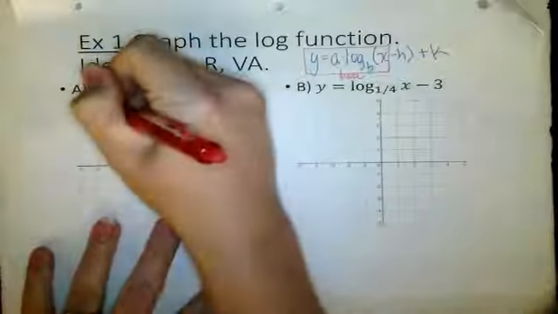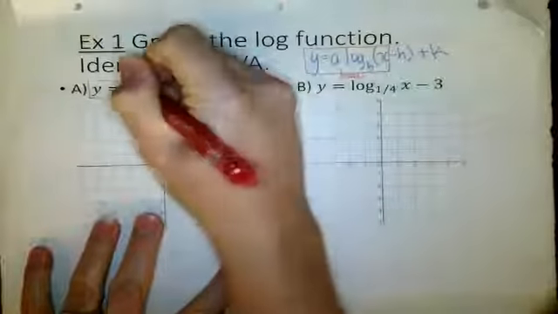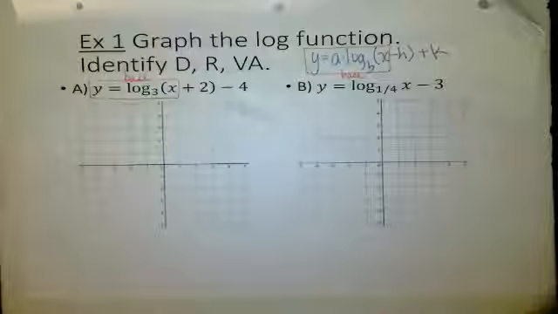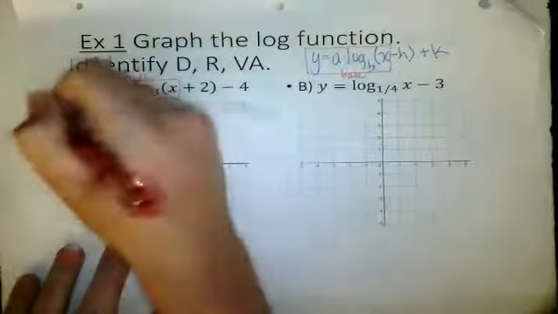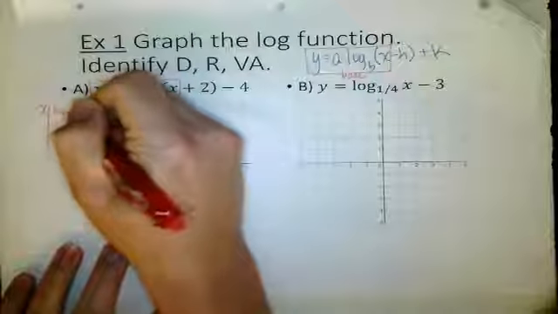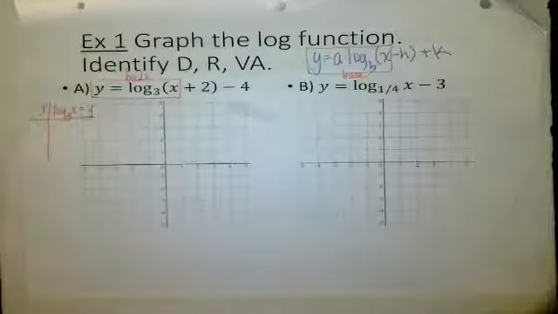All right, so we have here y equals log base 3 of x. This is going to be our base graph. And I'm going to make a real simple xy chart. Log base 3 of x equals our y value to figure out some ordered pairs that we can graph.